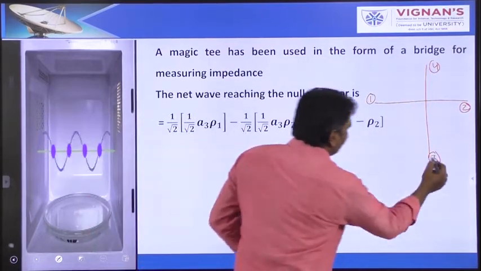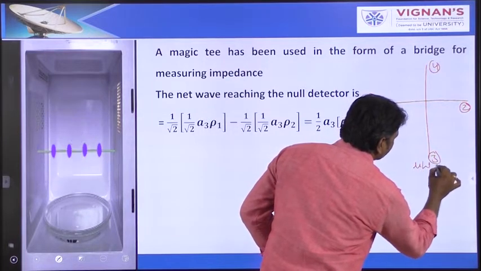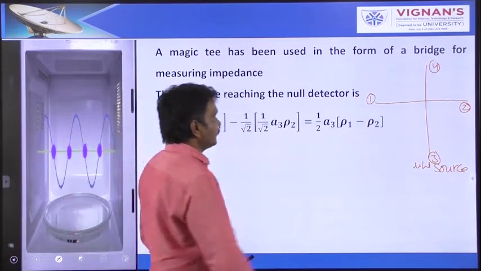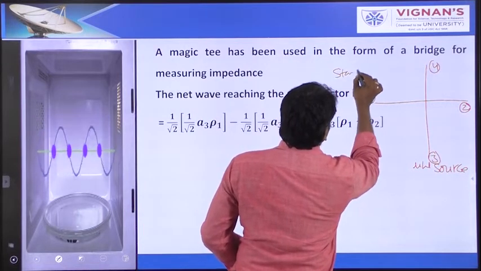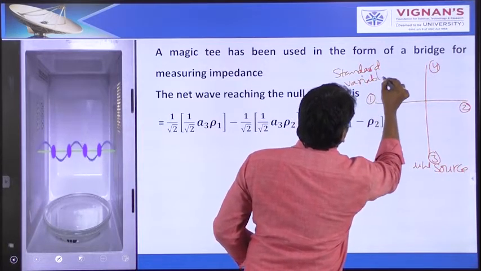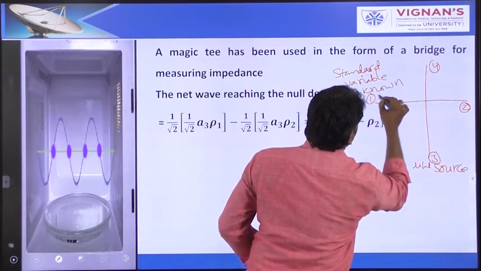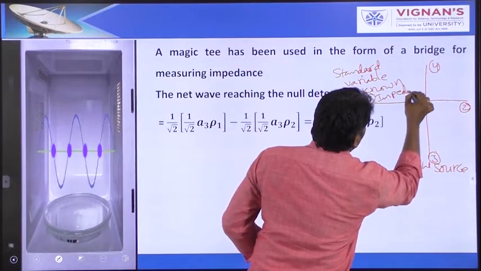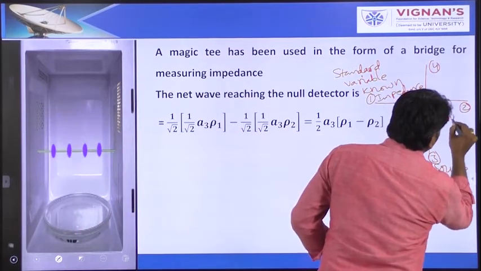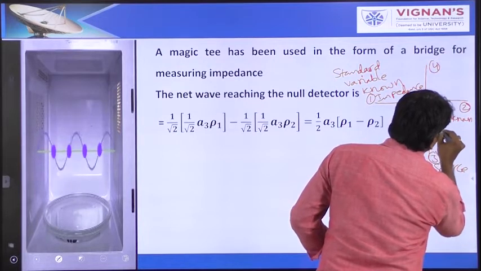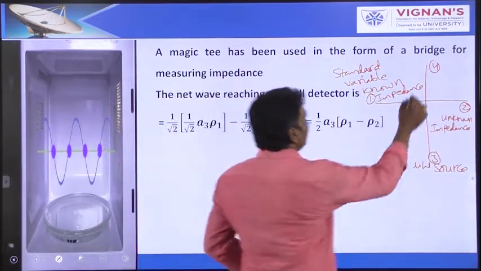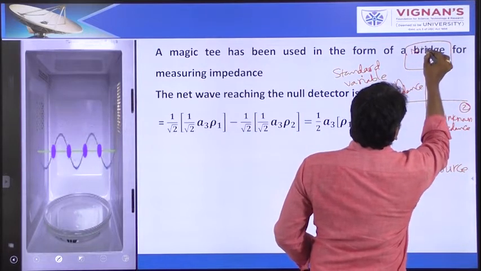Here the microwave source is connected at the third port, the standard variable known impedance is connected at the first port, the unknown impedance is connected at the second port, and a null detector is connected at the fourth port.